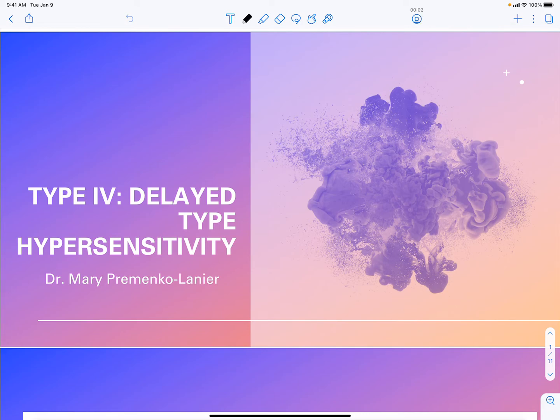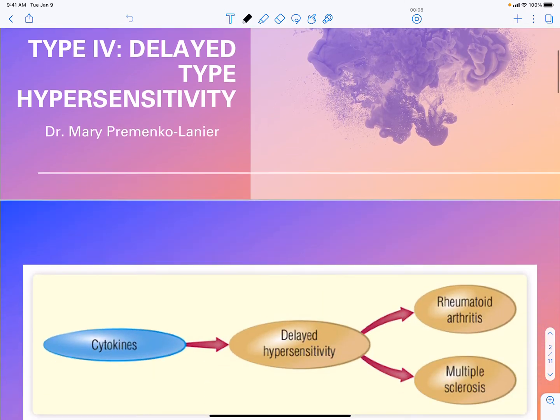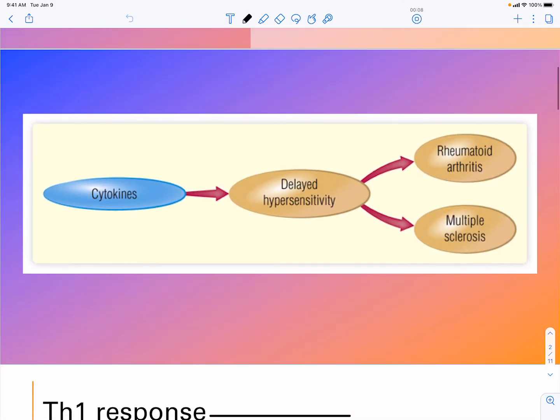So now we're moving on into our T cell mediated type 4 delayed type hypersensitivity diseases. And so, as we know, we have Th1 cells that are going to mediate inflammation. So the classic definition of our delayed type hypersensitivity is that it's going to take place within 2 to 3 days after antigen.